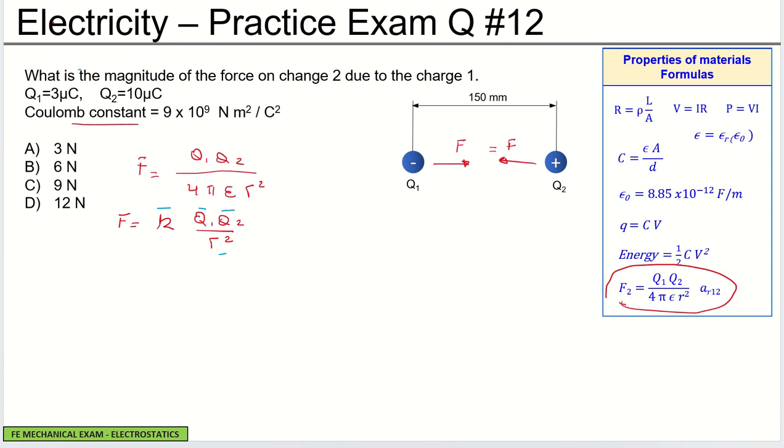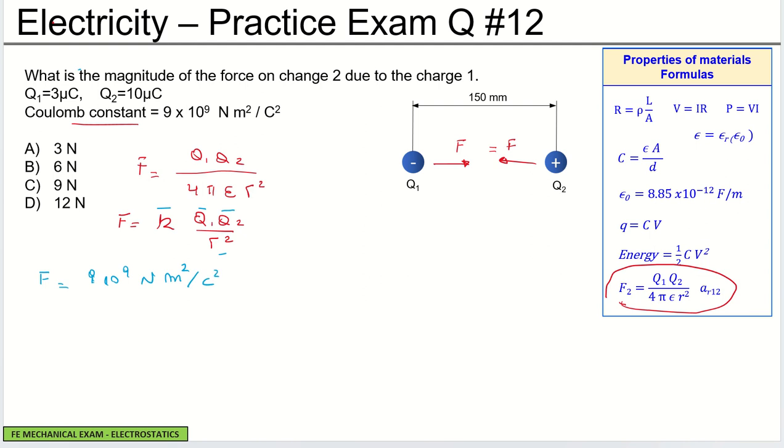If we put the numbers in the equation, the Coulomb constant is 9 times 10 to the power of 9 newton square meters divided by coulomb squared.